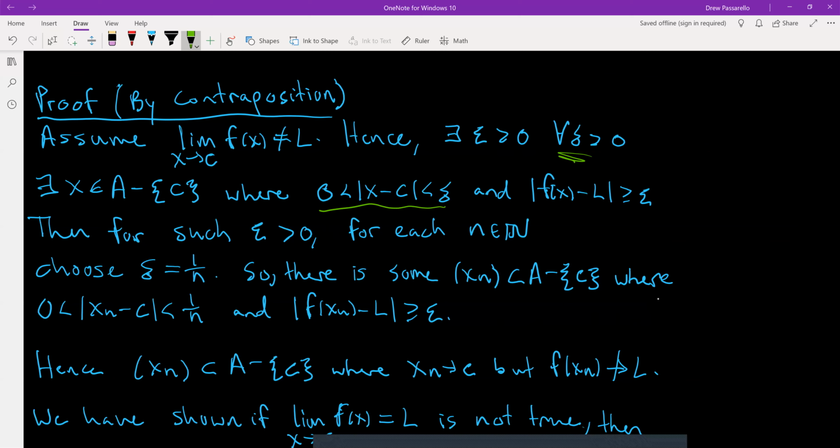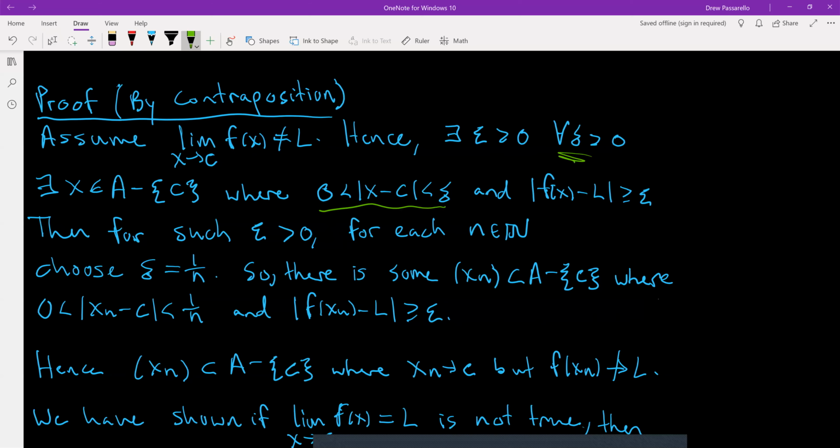Since we have this, it's true that the sequence |xn - c| is less than 1 over n for all n. And we have that |f(xn) - L| is greater than or equal to epsilon.